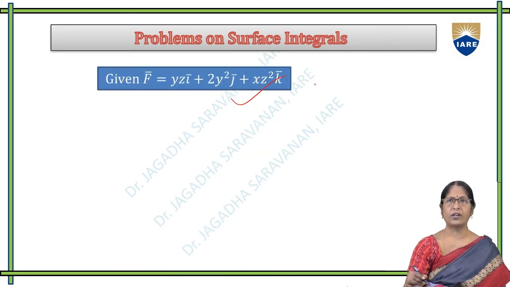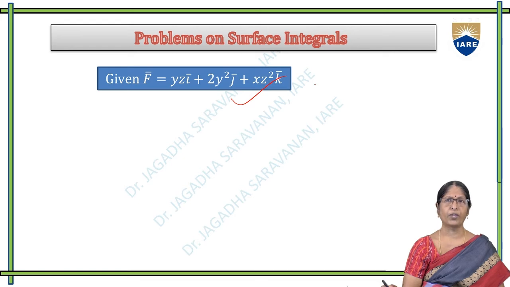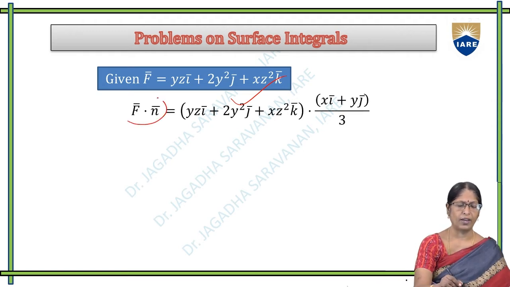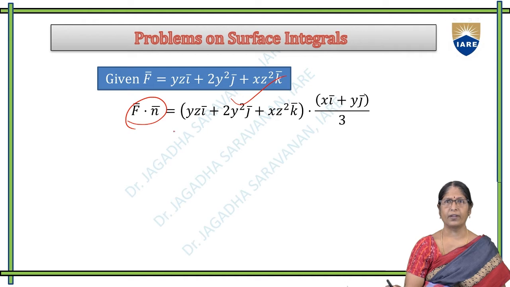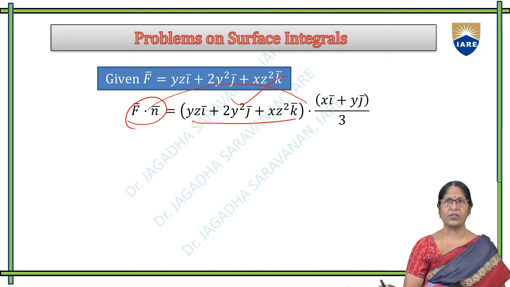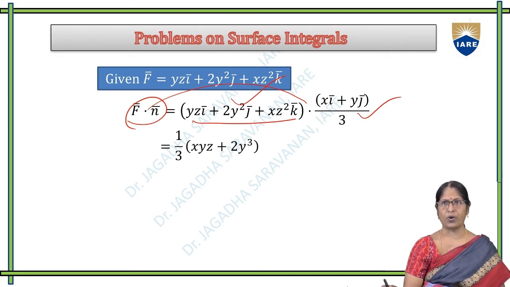So what terms are there in the formula to substitute? First, we will concentrate on the calculating part. Here F dot n is there. F we write here, the dot is written as it is, and n we already calculated. Then we have to do the dot product.